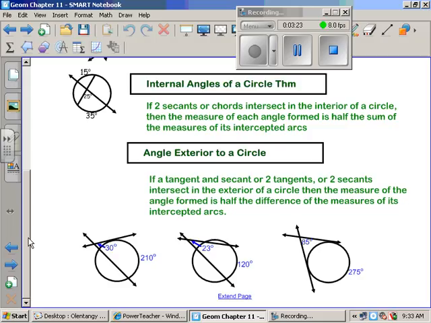And that's whether you're forming the major and the minor arc by a secant and a tangent, 2 secants, or 2 tangents. So we've got major arc here, minor arc there. We've got major arc there, minor arc there.